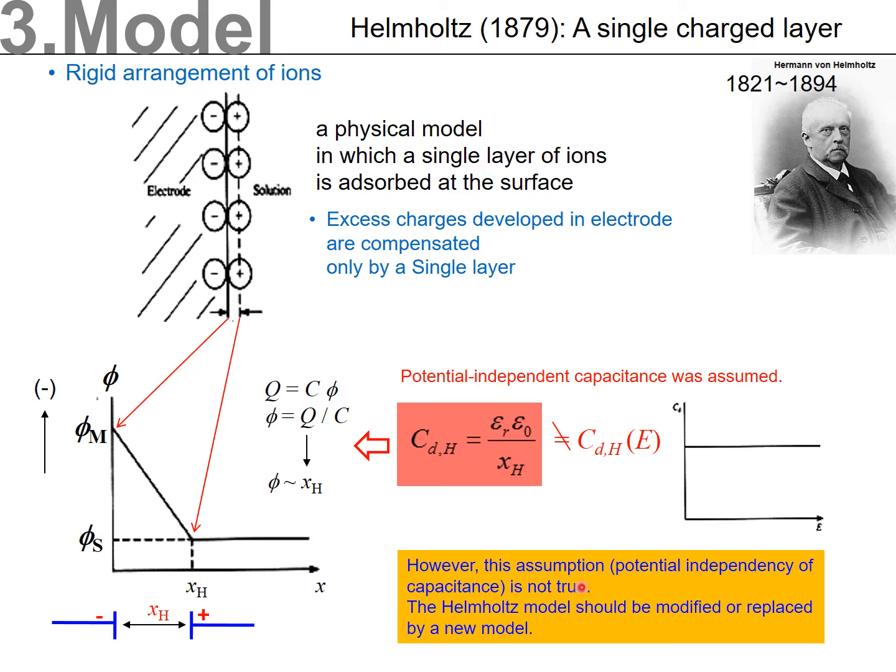As the potential moves from the point of zero charge toward the positive or negative direction, the capacitance increases. However, in this model, we have assumed the capacitance does not depend on the potential. So it's not true. Therefore, the Helmholtz model should be modified or replaced by a new model. Then let's go to the second model.